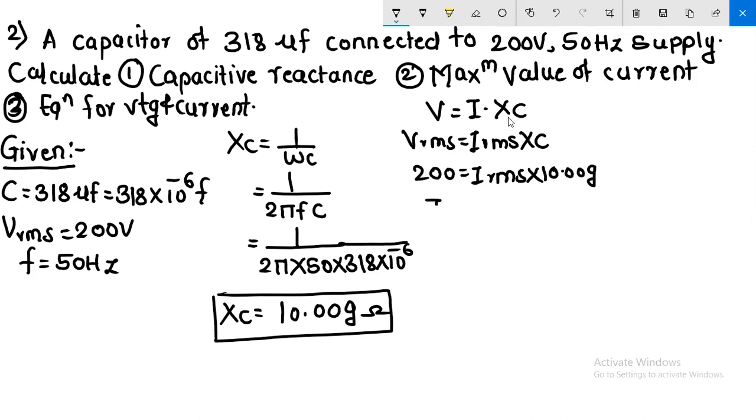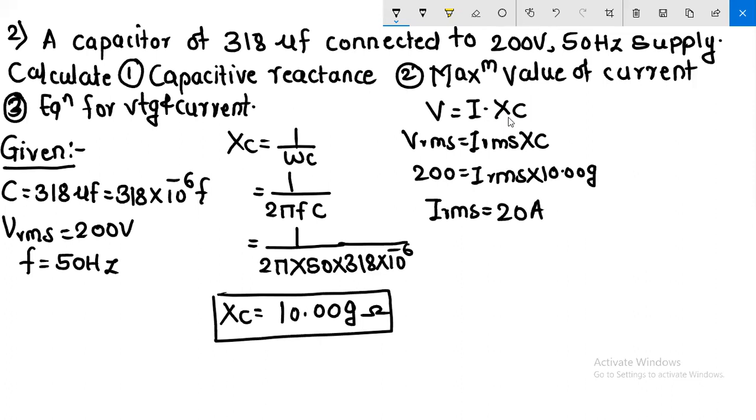So find out the RMS value of the current from this. What is the RMS value? अरे किती सोपे, नियरली 20 च येणार. That is nothing but 20 ampere.